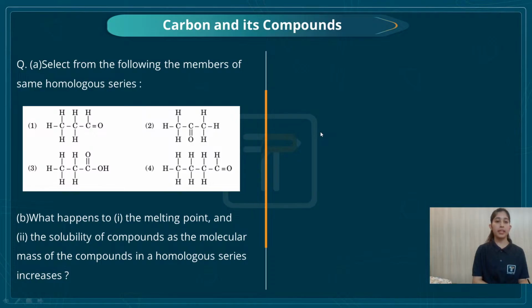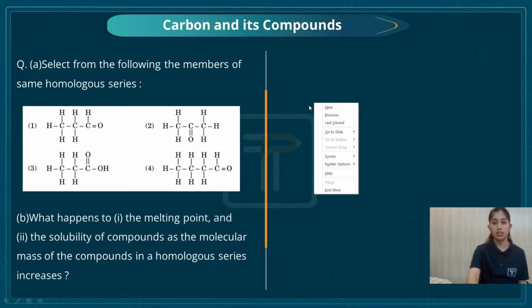Again from carbon and its compounds. Select from the following the members of the same homologous series. Now you are going to tell me who are the members of the same homologous series. The members of the same homologous series have the same functional group. Which are the two compounds that are having the same functional group?